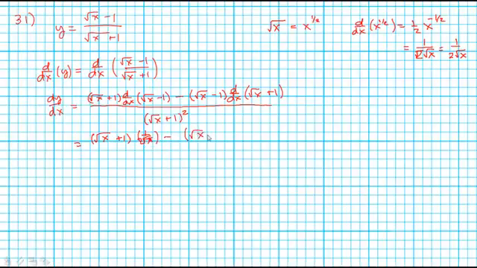Minus the square root of x minus 1, and then again the same derivative comes out, 1 over 2 root x. And this again is all over the square root of x plus 1 quantity squared.